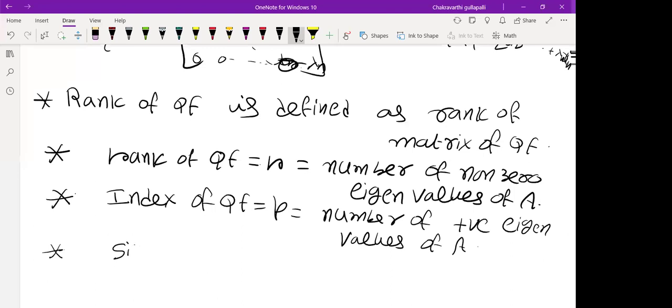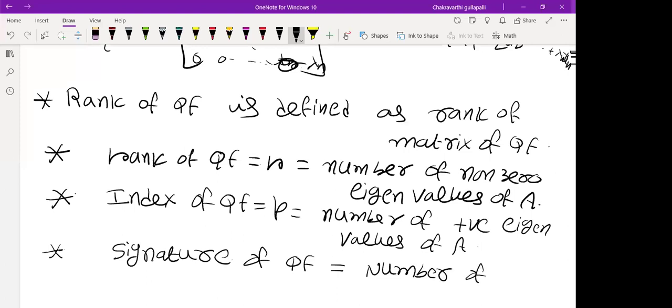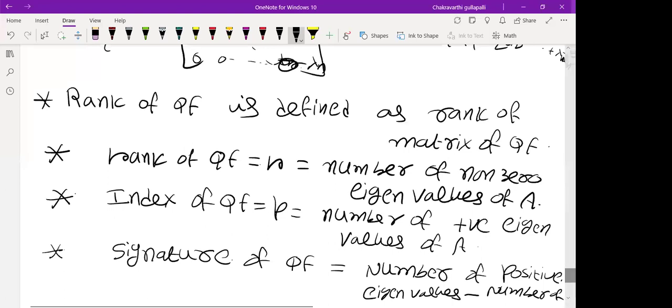Next, signature. These three are very important. The signature of a quadratic form is defined as the difference between the number of positive eigenvalues and the number of negative eigenvalues: number of positive eigenvalues minus number of negative eigenvalues.